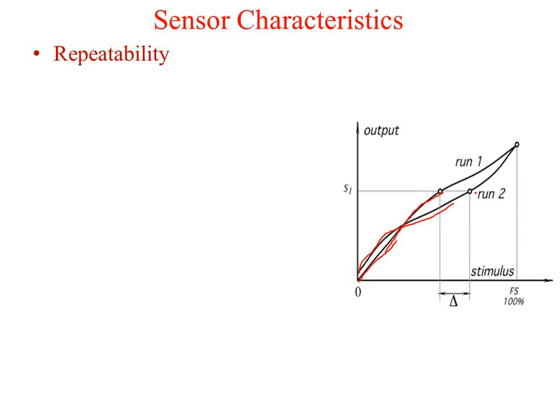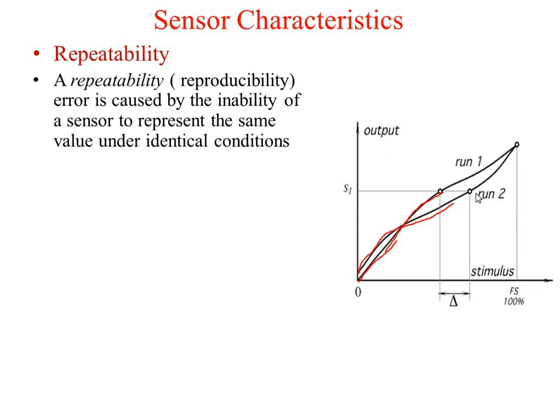That means it is within a specified range only, and whenever you go for a next output, it doesn't go beyond the specified limits defined by the manufacturer. So this is called repeatability. This repeatability error is caused by the inability of a sensor to represent the same value under identical conditions.